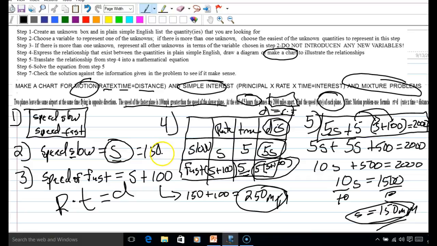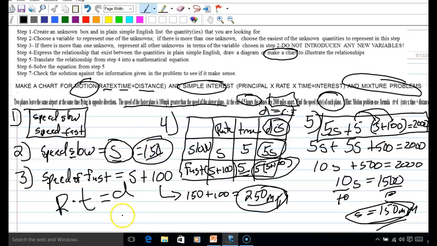Well, I think that the speed of the slower plane is 150 miles per hour. And I think the speed of the faster plane is 250 miles per hour. So I'm going to check it against the information that's given in the problem. First of all, the speed of the faster plane should be 100 miles per hour greater than the speed of the slower plane. And it is here. And they should be 2,000 miles apart at the end of the 5 hours.